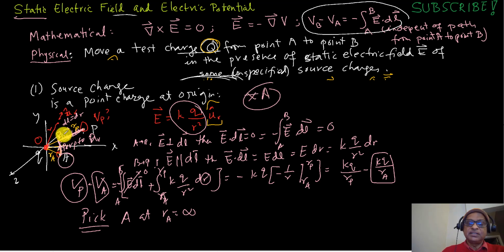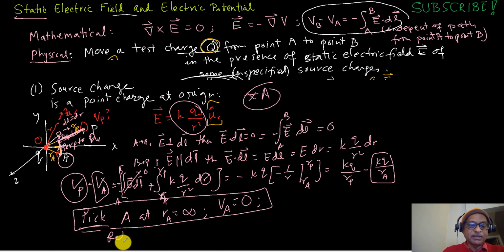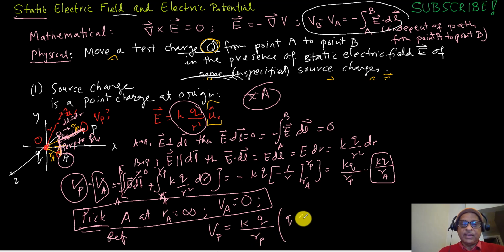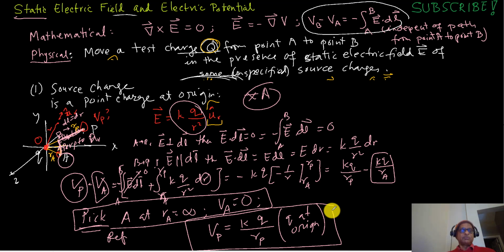If I do this, then I can pick VA to be 0 there, and this is my reference. So the V at any point P is equal to kq over r at P, with Q at the origin. That's the formula we get for a source charge at the origin.